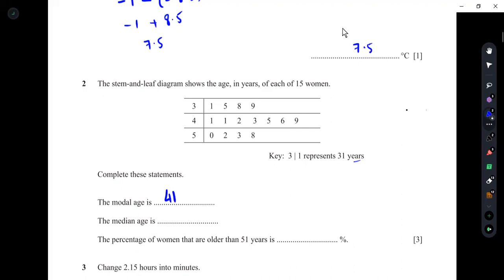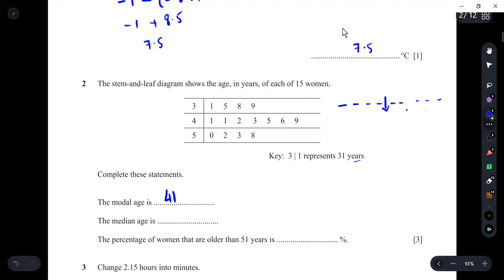The median age. We know that the median is the middle number in the list of data. So we have this list of data which is in order. The smallest number is 31 and the largest number is 58. Altogether we have 15 values. When we have an odd number of values, 15 values for example here, the middle value is the median.